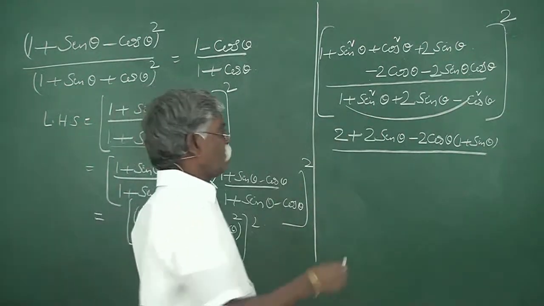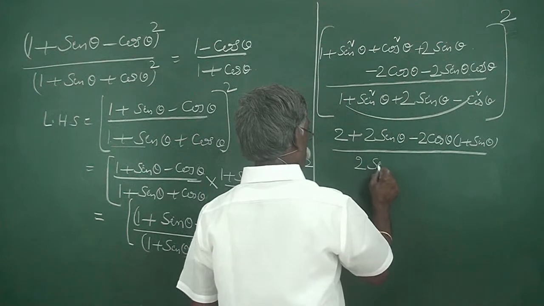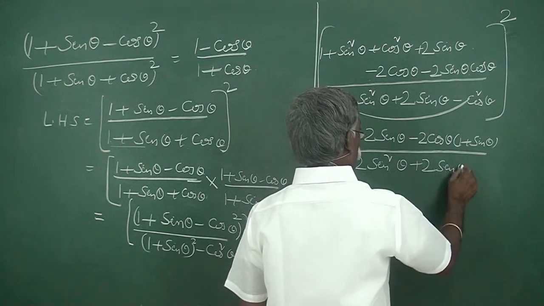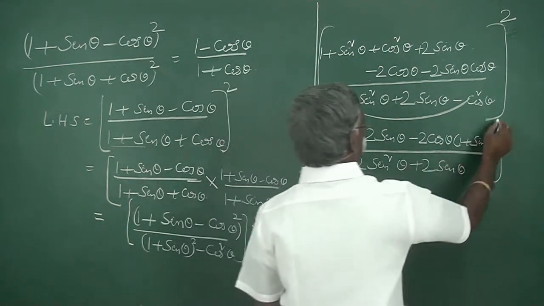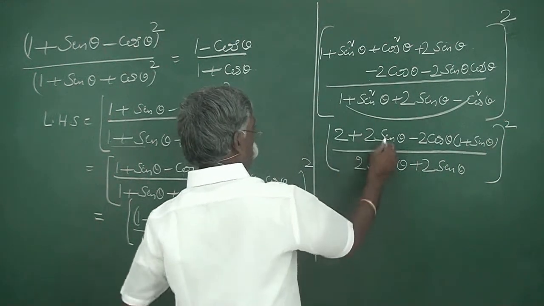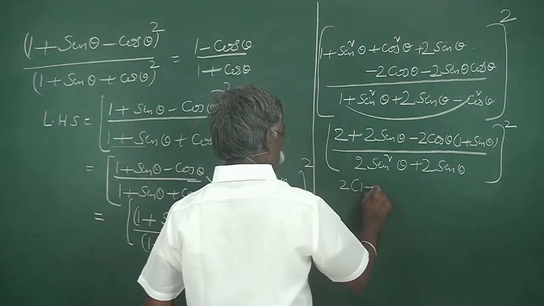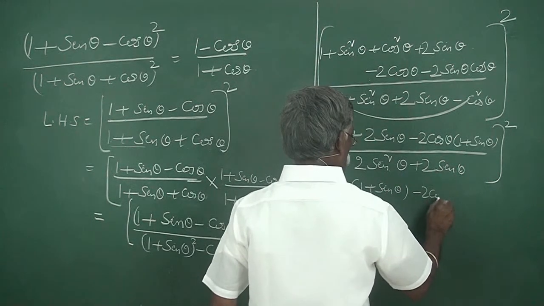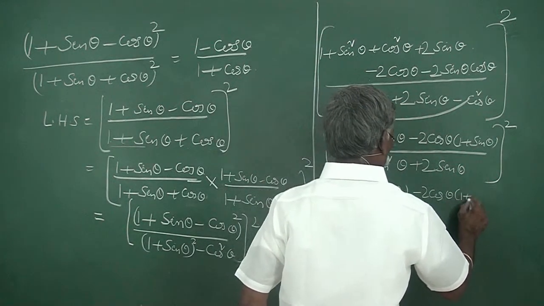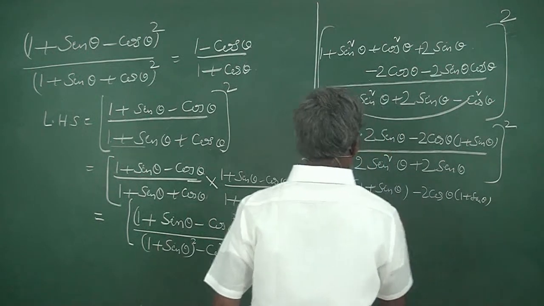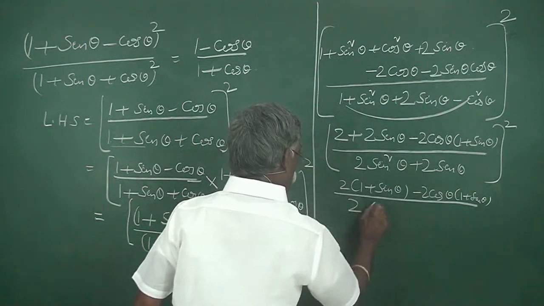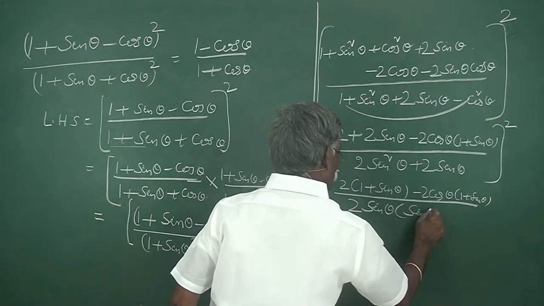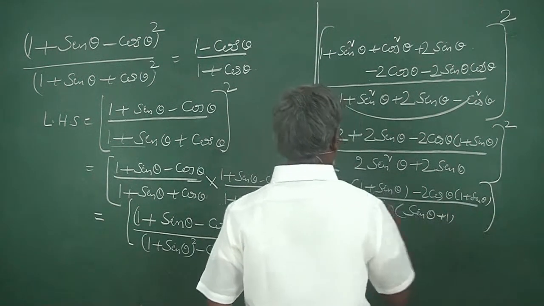Sin square plus sin square is 2 sin square theta plus 2 sin theta, whole square. Now 2 we can take common here, 2 into (1 plus sin theta) minus 2 cos theta into (1 plus sin theta), whole by 2 sin theta is common here, and here also we will get (sin theta plus 1) whole square.